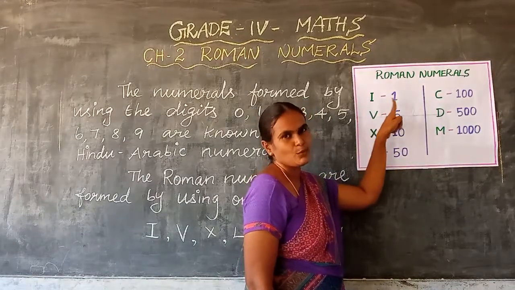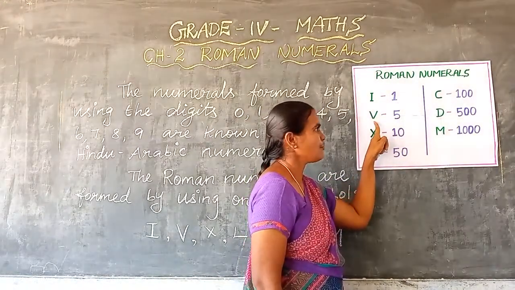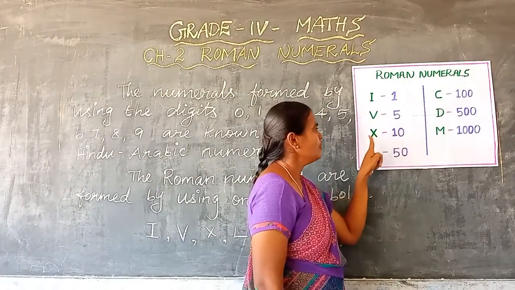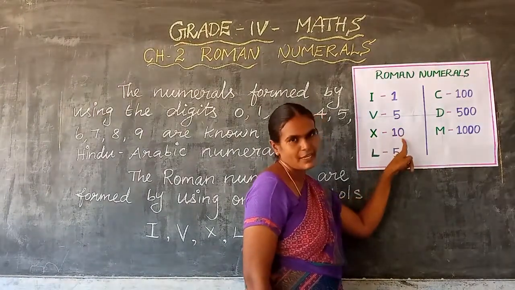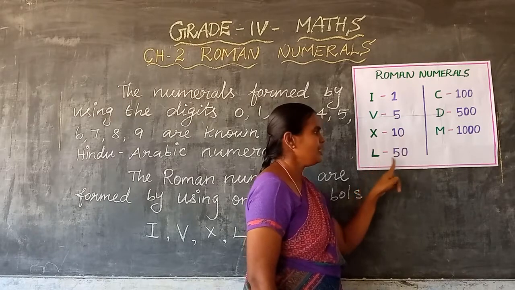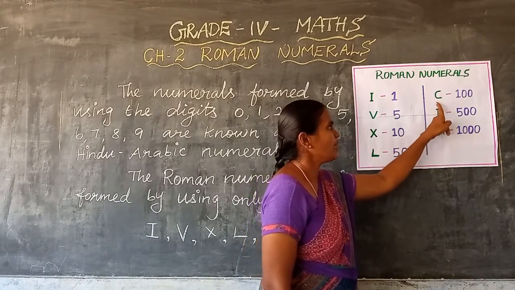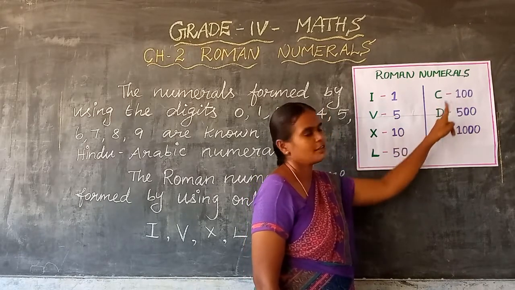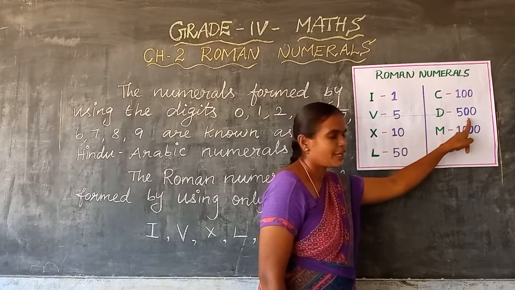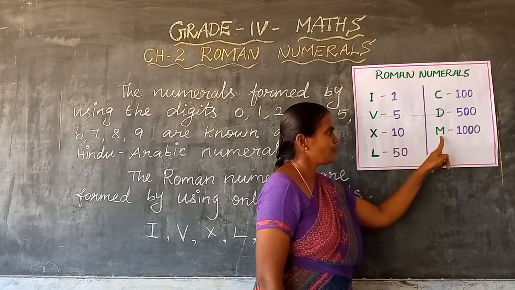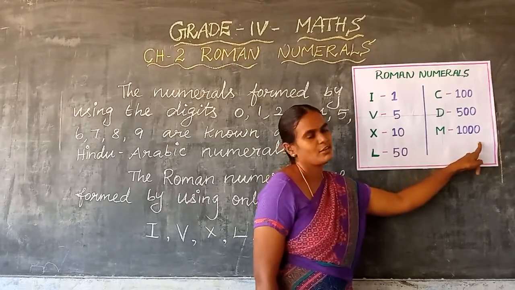Value of I, 1. Value of V, 5. Value of X, 10. Value of L, 50. Value of C, 100. Value of D, 500. Value of M, 1000. Okay.